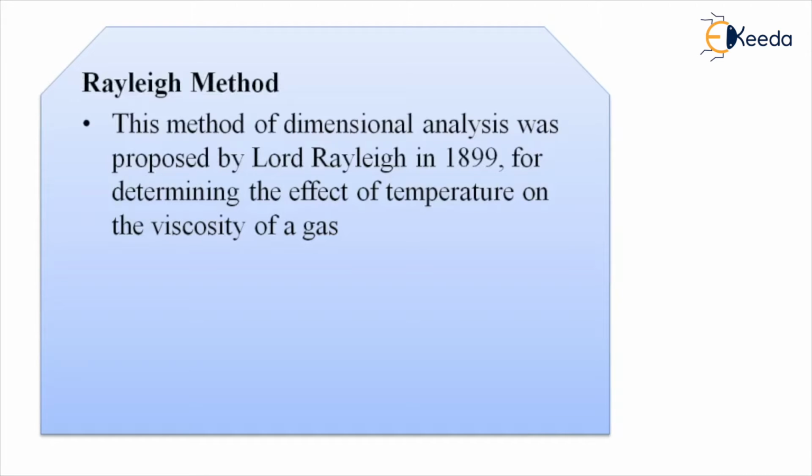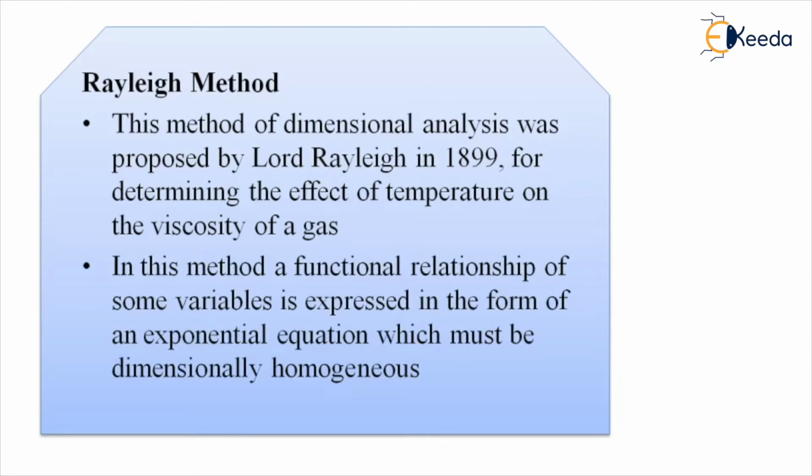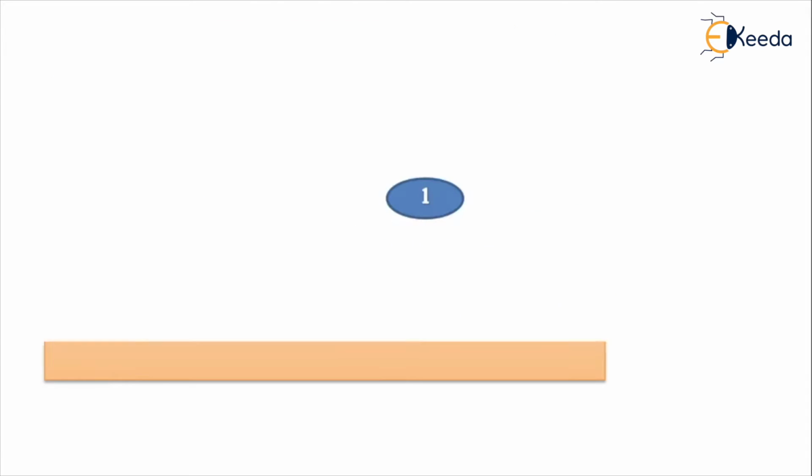This method of dimensional analysis was proposed by Lord Rayleigh in 1899 for determining the effect of temperature on the viscosity of the gas. In this method, a functional relationship of some variables is expressed in the form of exponential equation which must be dimensionally homogeneous.